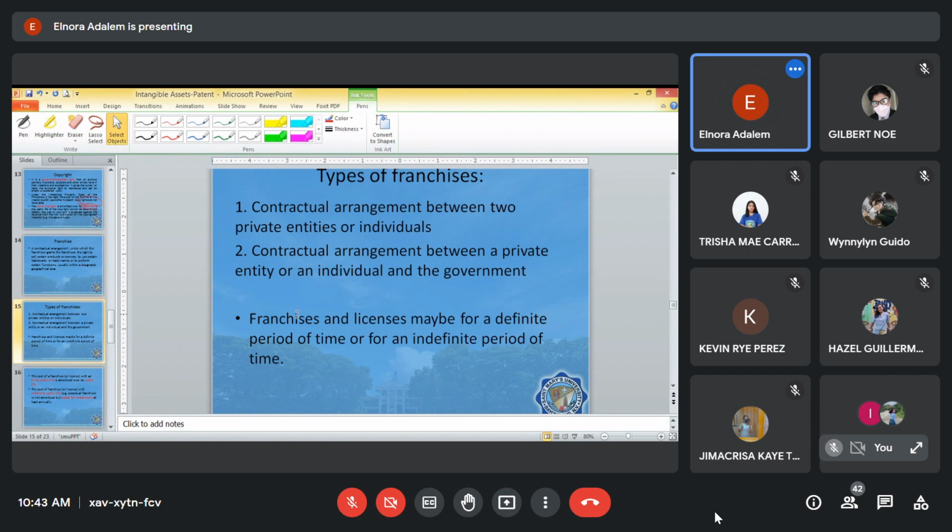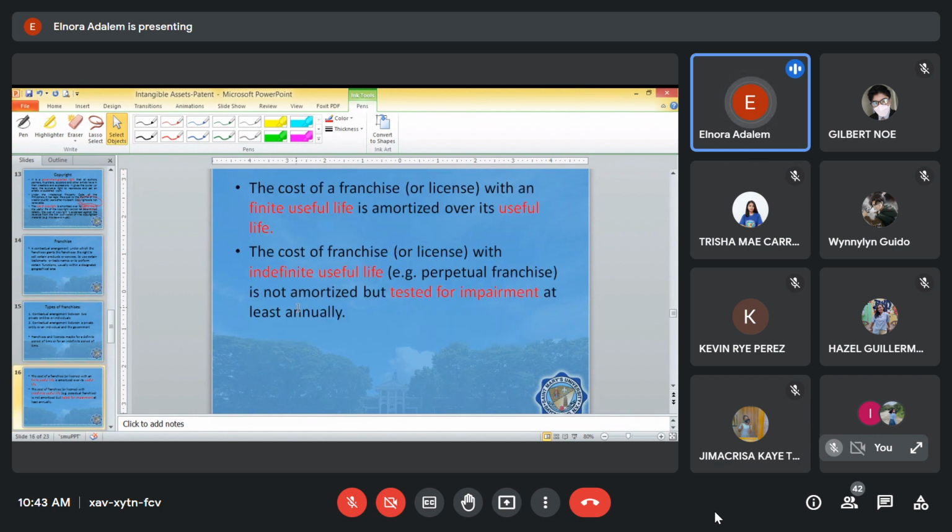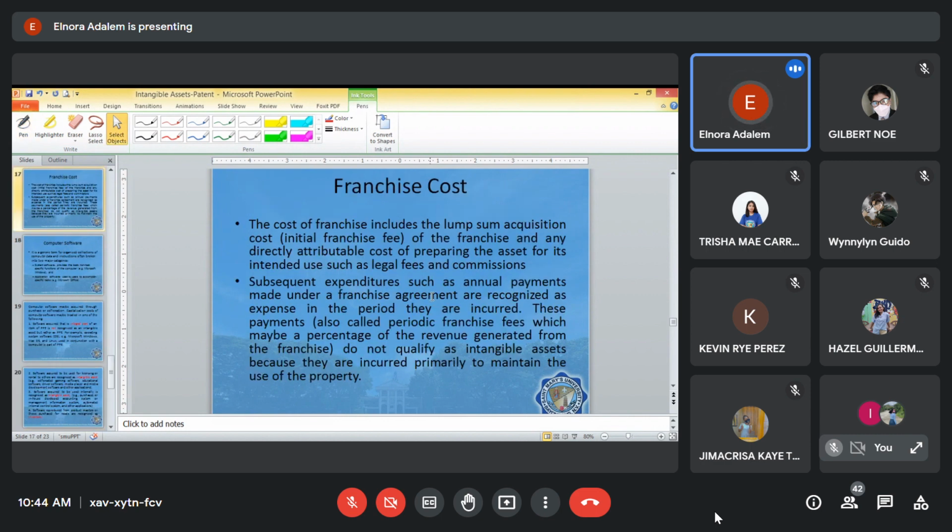So for franchises that have a definite life, it will be amortized over its useful life. But if it has an indefinite life, it is not amortized but tested for impairment, similar to goodwill and trade name or trademark.